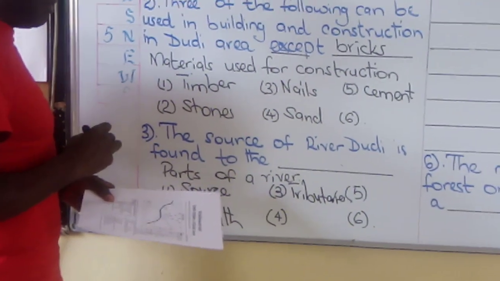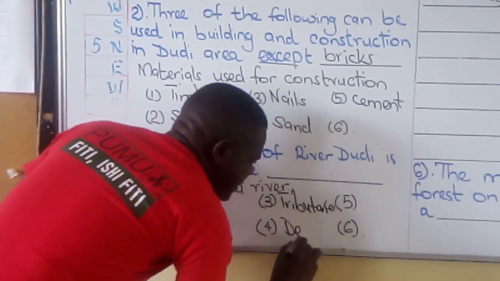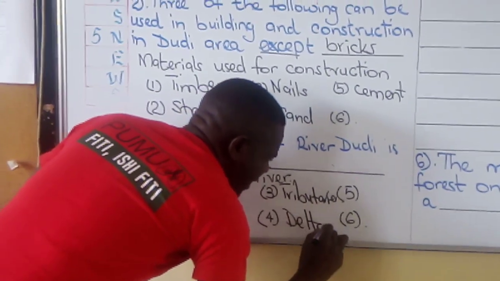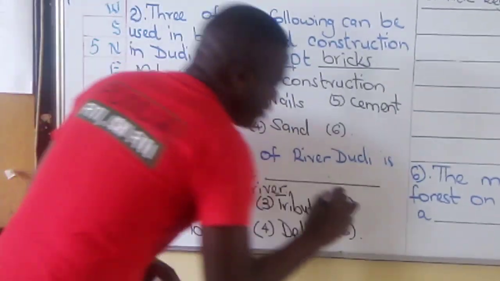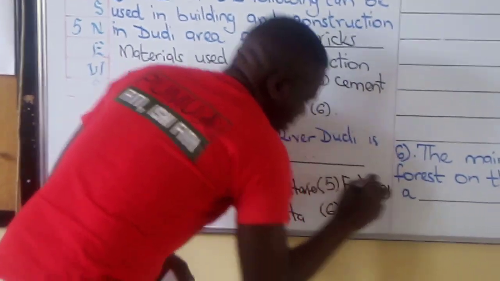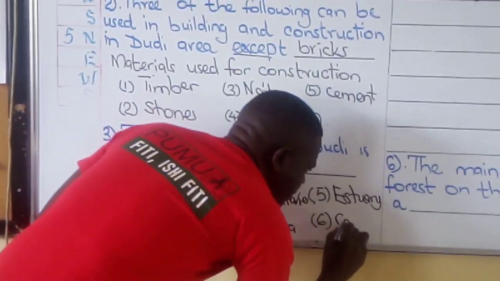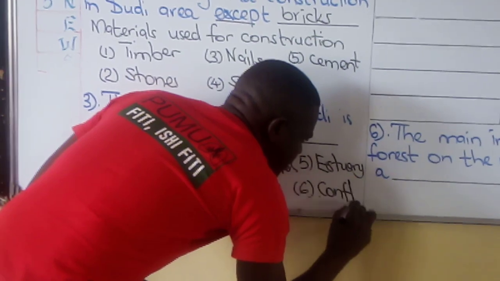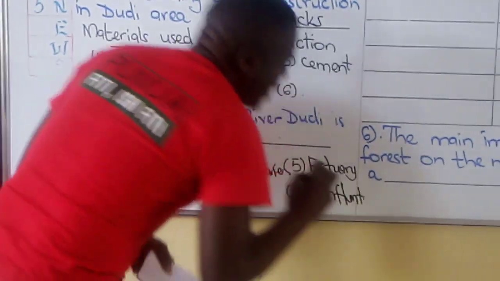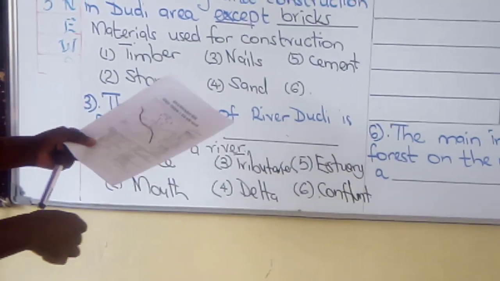We've got the delta. And we've got estuaries. We've got a river confluence, and many other parts of the river.